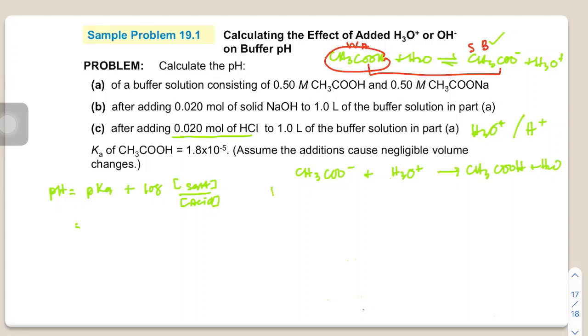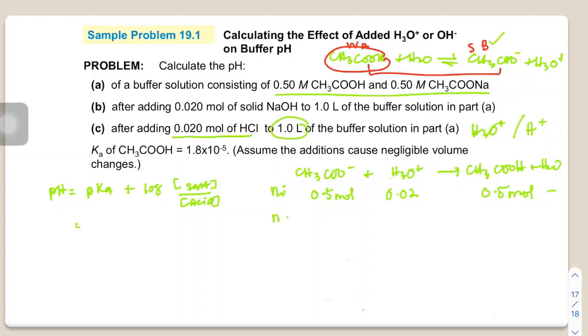So initial amount of acetate ion is 0.5 mole, which is the same as the concentration because it is in 1 liter solution. H3O plus that is being added is 0.02 mole. Initial amount of the acetic acid, okay, from the buffer system is 0.5 mole, dash for H2O.